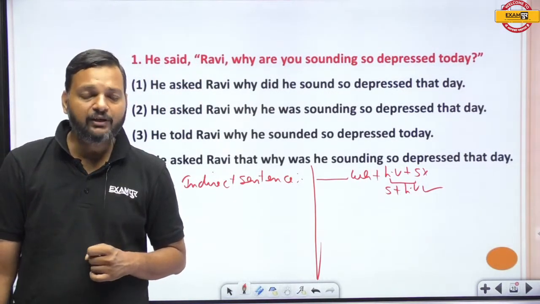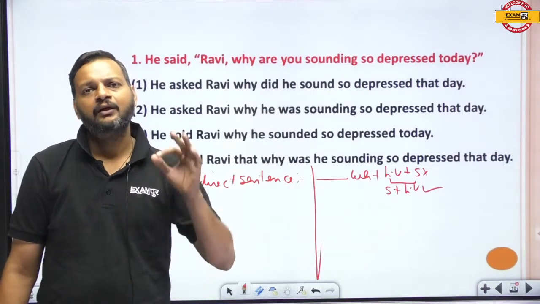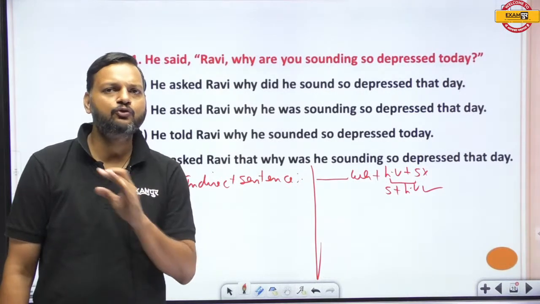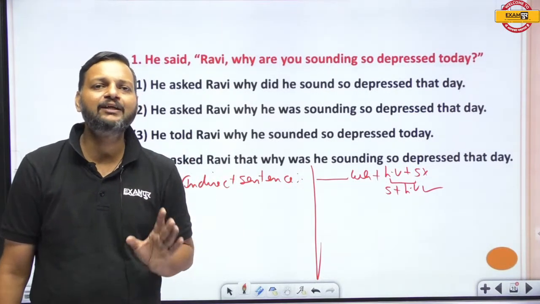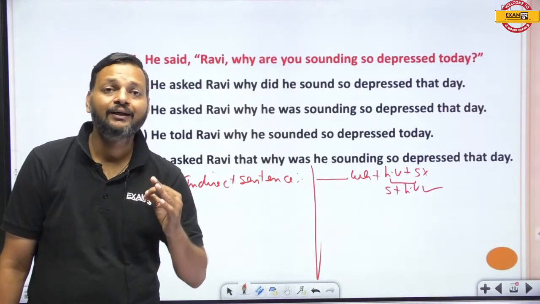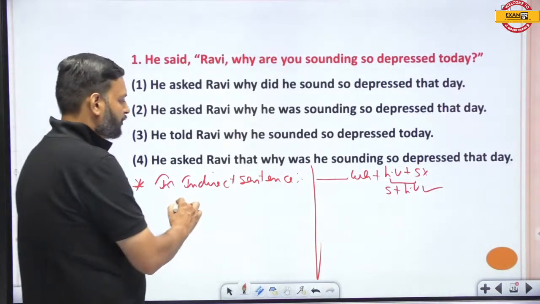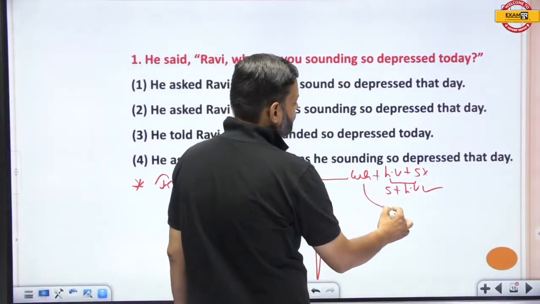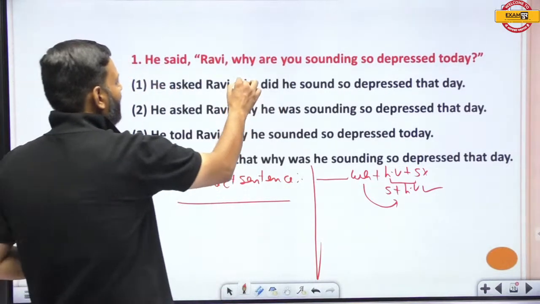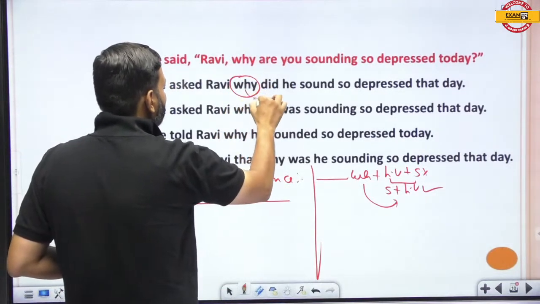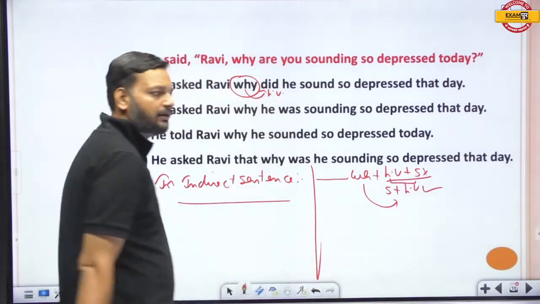And whenever you solve narration in your examination, do not waste time reading the whole sentence. Just look for the keywords. And what are those keywords? So this is one keyword, that WH word must be followed by subject plus helping verb. So if you see why, WH word and after why we have helping verb, it is not permissible in indirect.